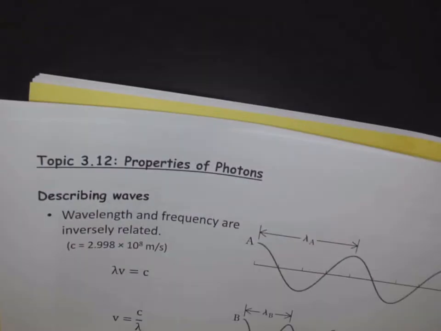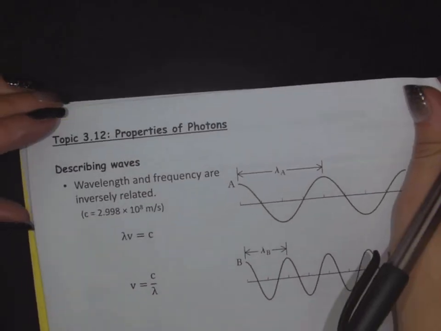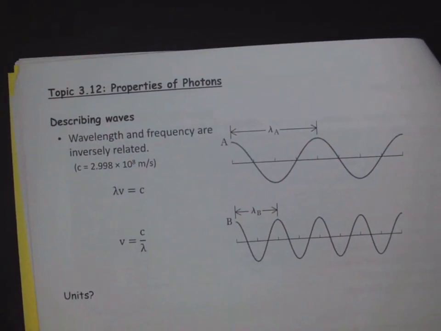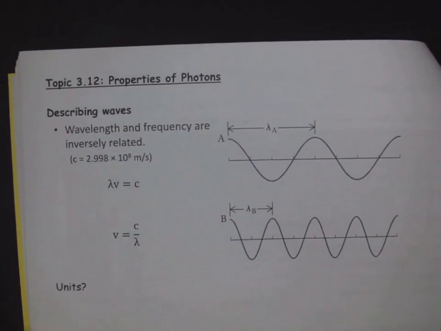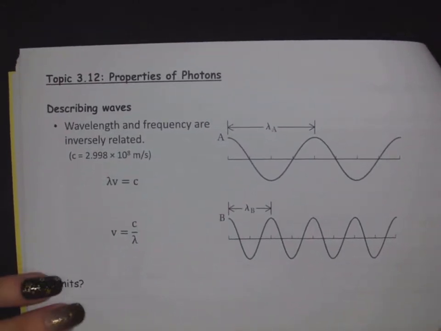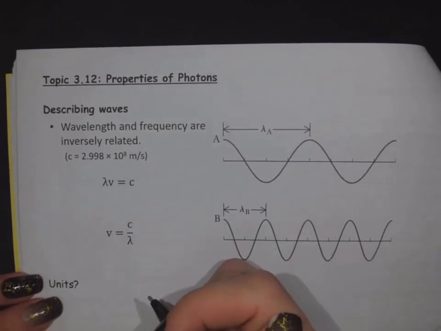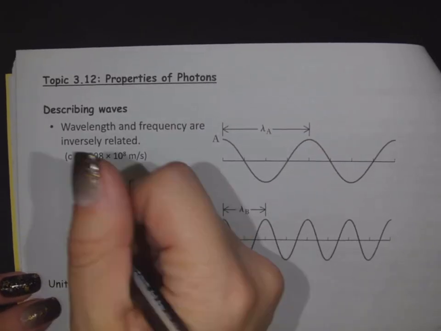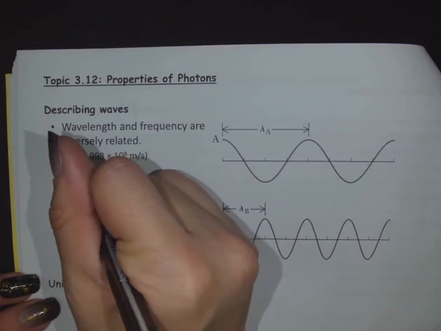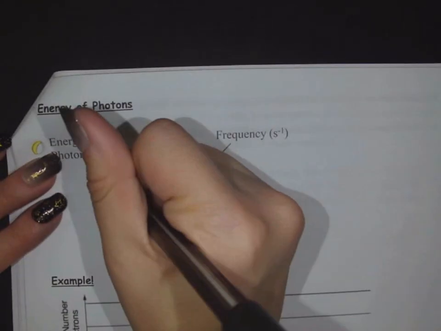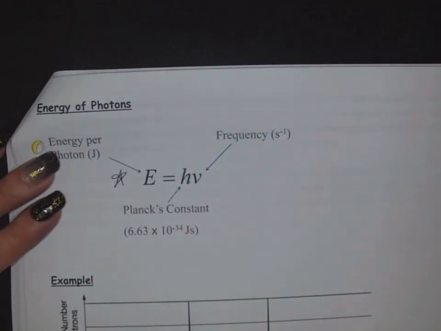Alrighty, now we're jumping to 3.12, and this is properties of photons. And I'm going to tell you right now, the main things that you need to be able to do is you need to be able to work and rearrange this equation and calculate with it, and then same with the energy one, okay?